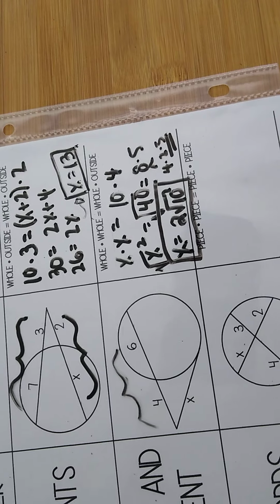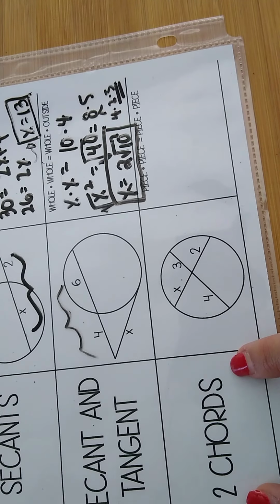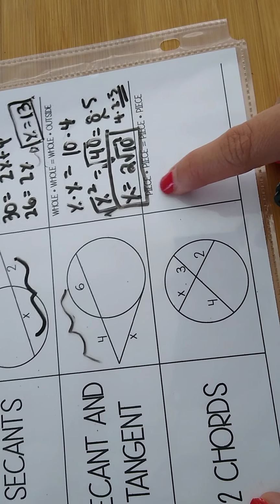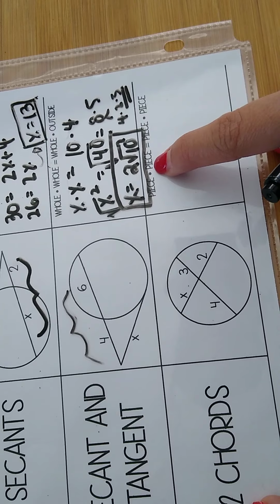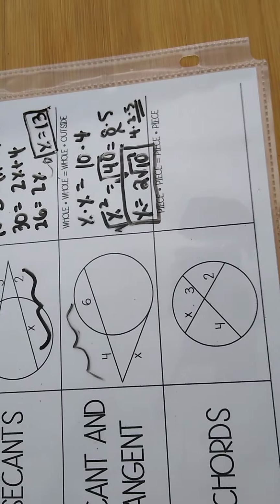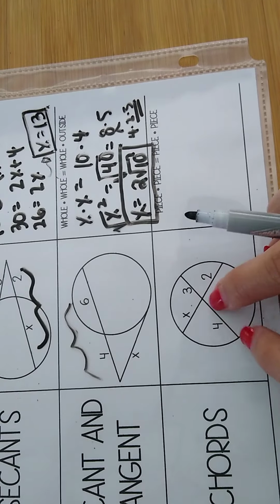Okay? And then finally, we move on to the two chords theorem. And so we have piece times the piece equals piece times piece. So I think this is going to be the easiest one for you guys because you're just looking at the individual parts.